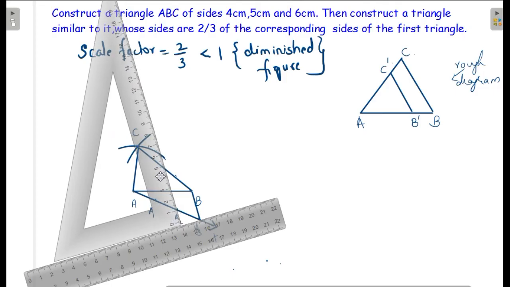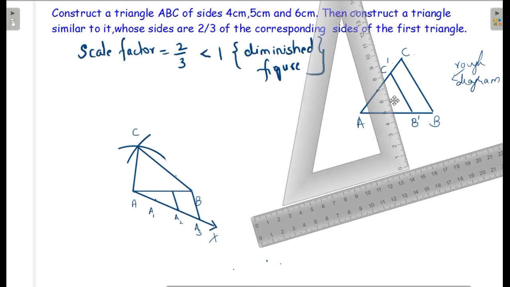As you can see, A2 is here. We have to move the set square to A2. Now draw a line from A2 to AB. This is our required parallel line that is drawn parallel to A3B.